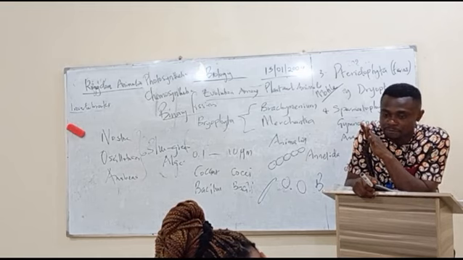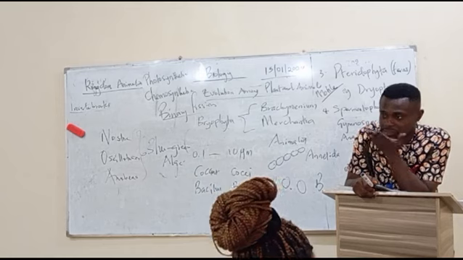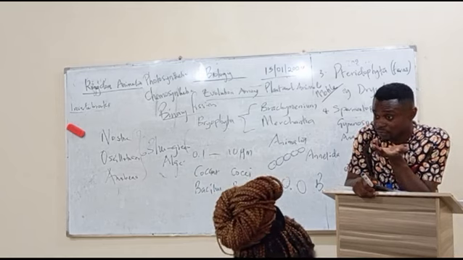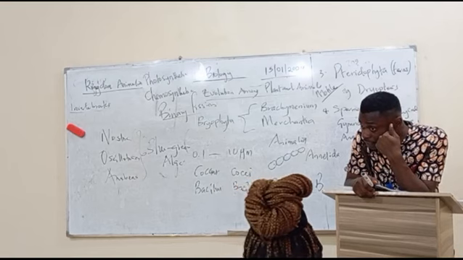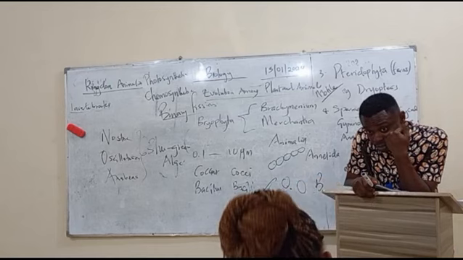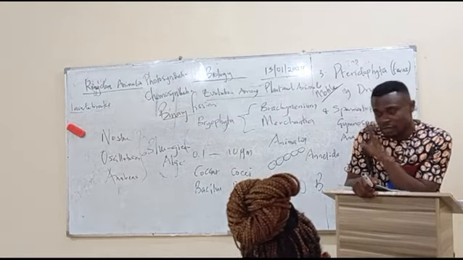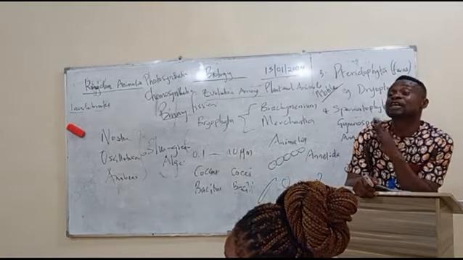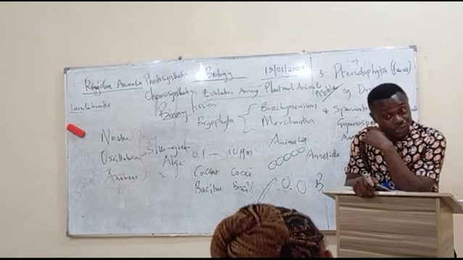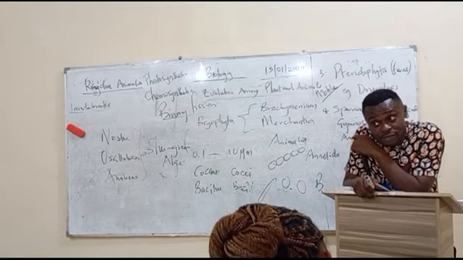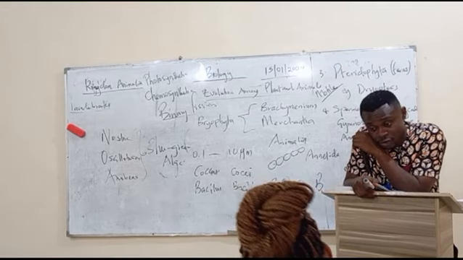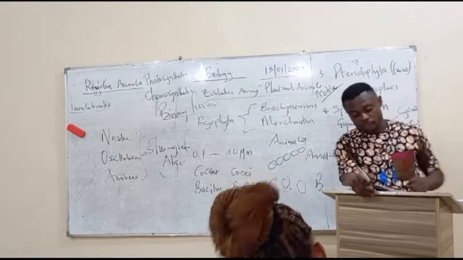Check well. Paramecium will make use of cilia. Amoeba uses pseudopodia, true or false? Yes. Alright, let's continue. We have talked about general things that they share in common.